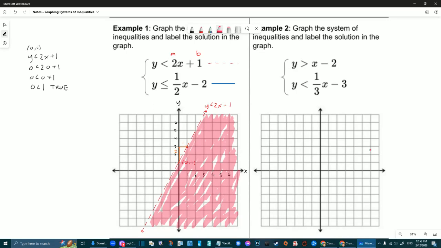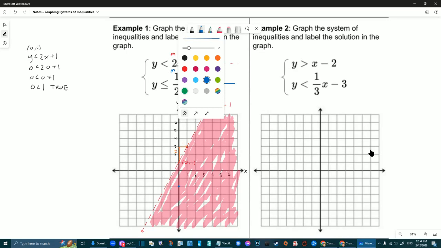Now we're going to repeat that process for the second line. Same idea. Graph it, label it, choose a test point. So first, we grab that y-intercept, -2. We make our dot. Next, we use our slope, which tells us go up 1, forward 2.